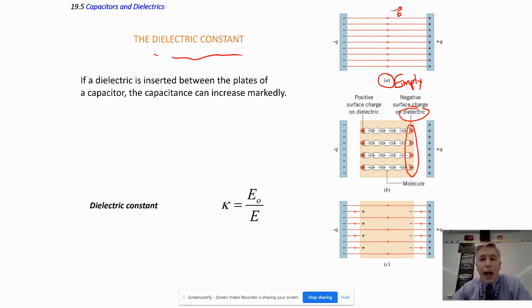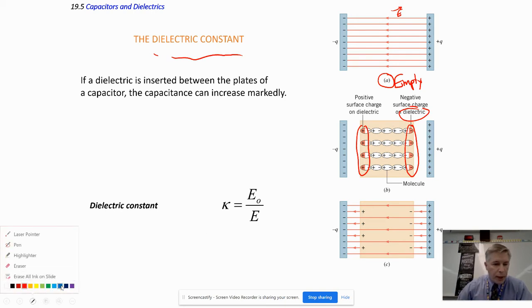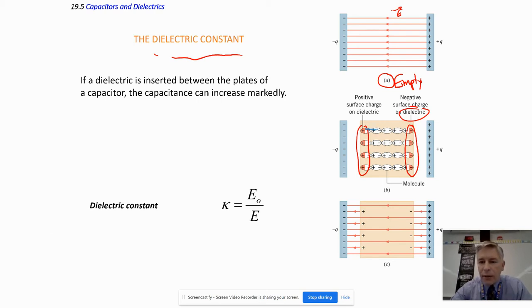Basically, they're going to align so that the negative is near the positive and the positives are near the negative. Now if I look at that, I'm going to switch out the color here. Inside of the dielectric, it's actually going to create a little electric field that's going to be pointed in the opposite direction. So these little blue lines are the electric field inside the dielectric.